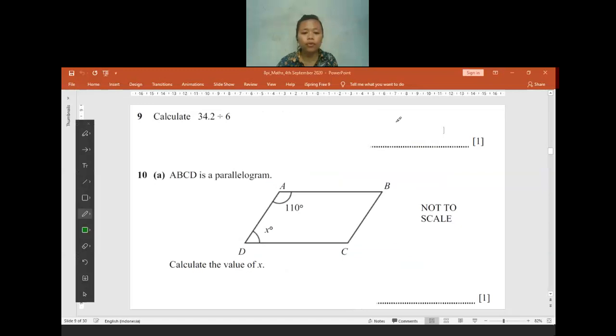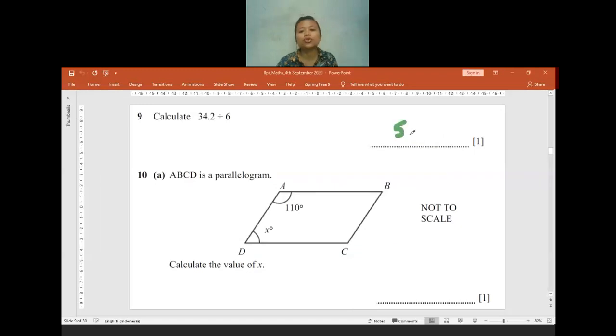Is there anyone who gets confused doing division with a decimal number? If you get confused, you can just show the calculation. Try to show all of your calculation in the booklet. It's allowed. So you can do 34.2 divided by 6.